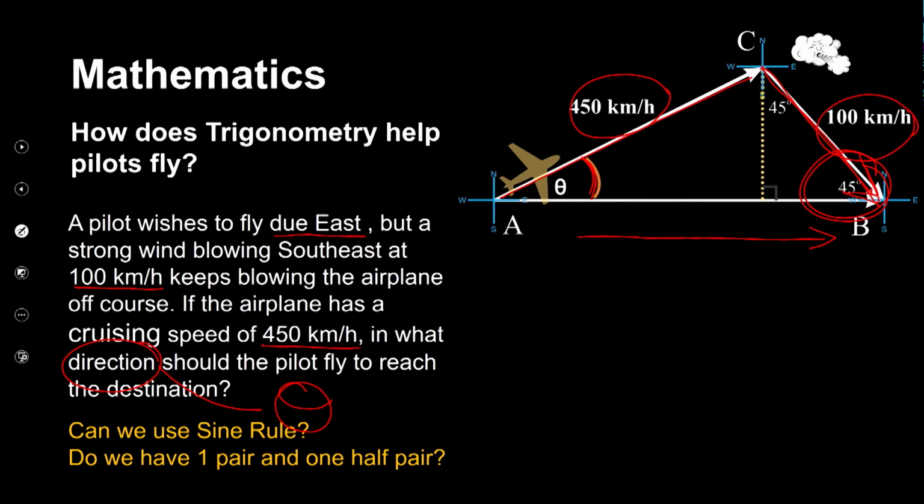So we've got two sides and an angle. Can we use the sine rule? Do we have one pair and one half pair? There's our full pair. Okay, we want to find theta, and we have the side across it. So yes, we can use the sine rule.